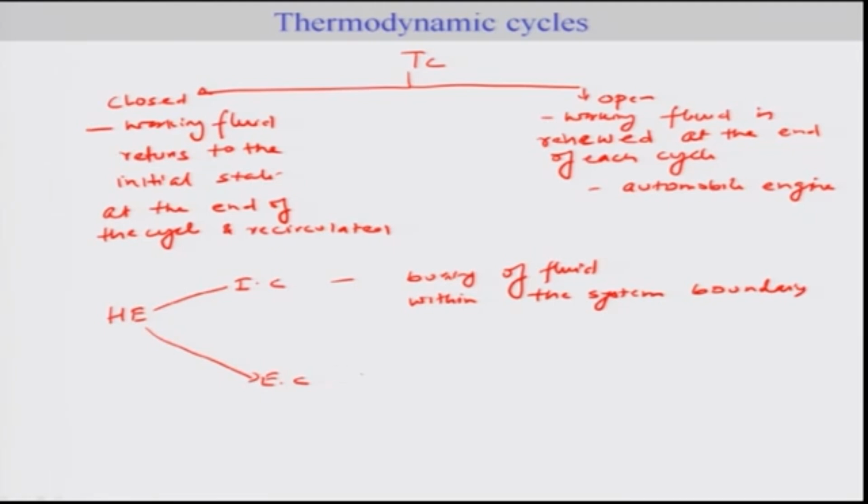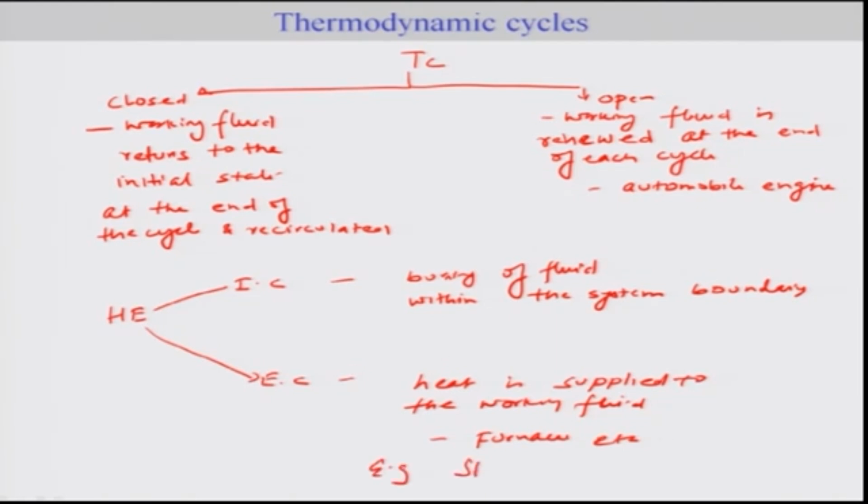External combustion will be the case where the heat is supplied to the working fluid externally, from an external source. The source would be something like a furnace, your nuclear reactor, or a geothermal well. So these are the different sources. The example of an external combustion heat engine would be your steam power plant, and for the case of internal combustion it would be your automobile engine.